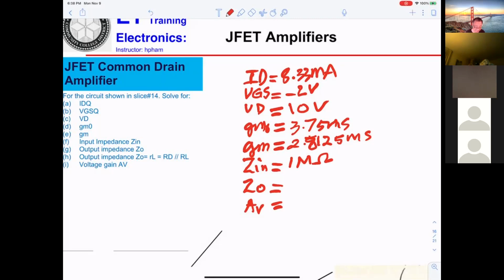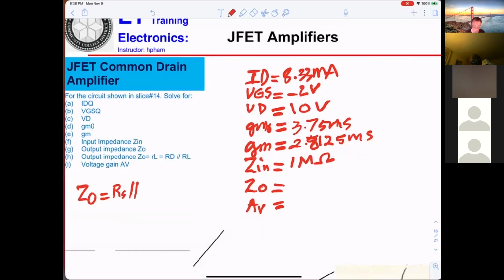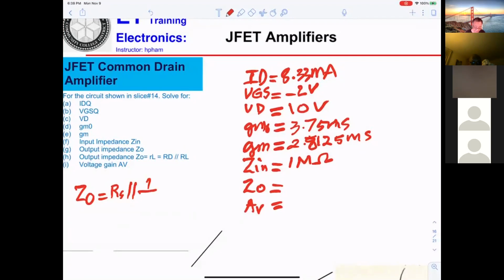I give it to you. If you're looking at the formula, Z out will be RD parallel 1 over gm.